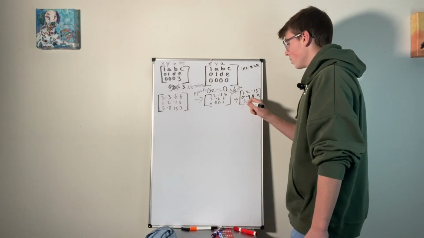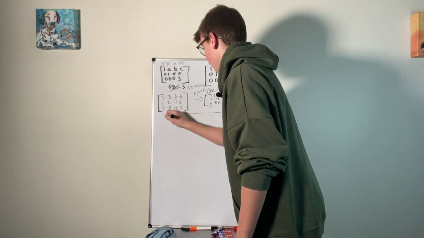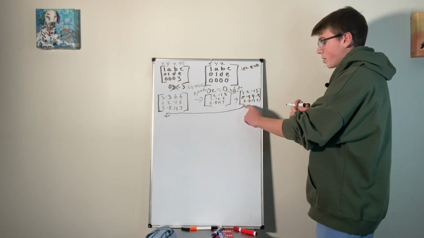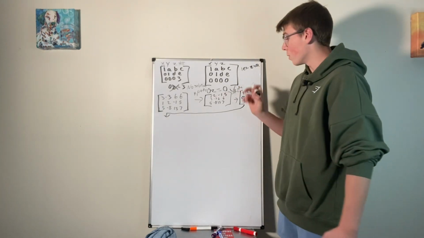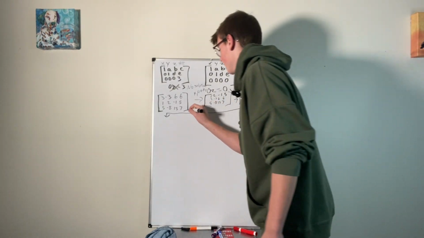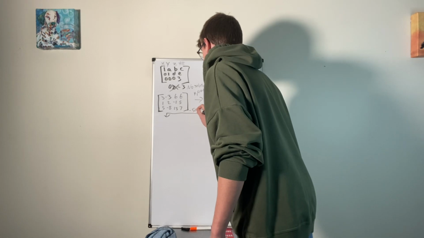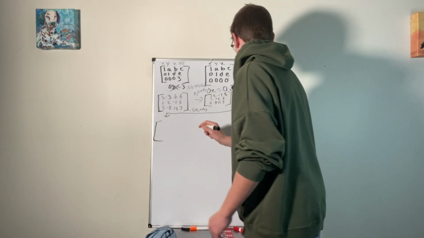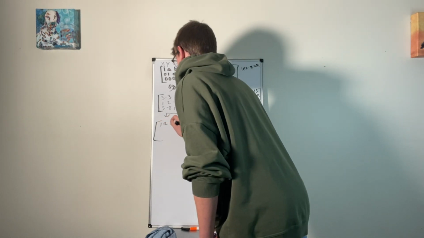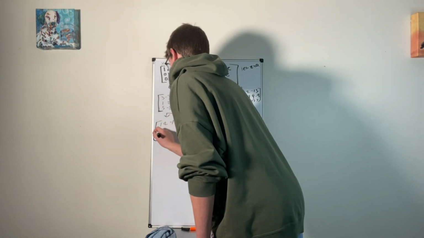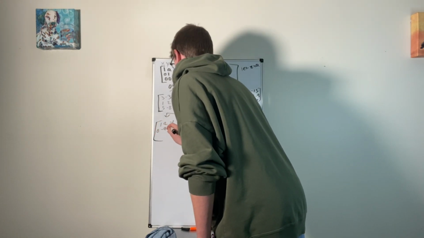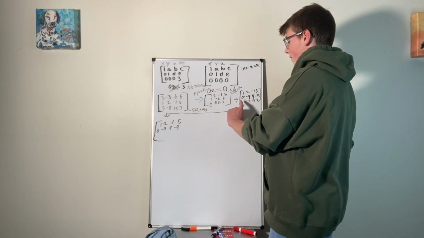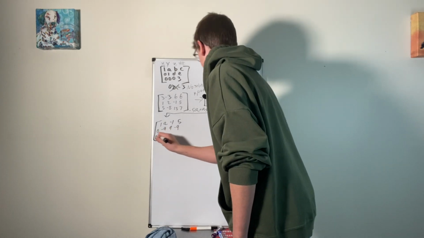All right, now moving on to the next one. We have 1 and 5. So to get a 0 in front, we can multiply row 1 by negative 5 and then add it to row 3. So negative 5 row 1 plus row 3 would give us 1, 2, negative 1, 5, 0, negative 9, 9, negative 9. And then negative 5 plus 5 is 0.